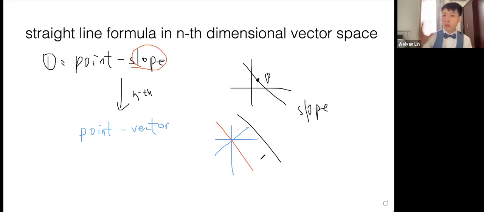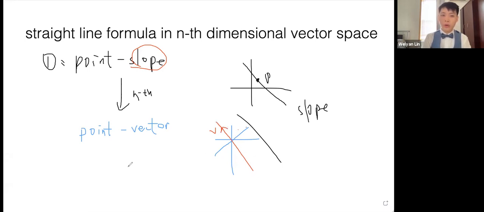Keep it parallel because we want to keep the direction information consistent. Okay, and you can have a vector here so that this vector is on this line. So this vector tells you the information about every point in this line.